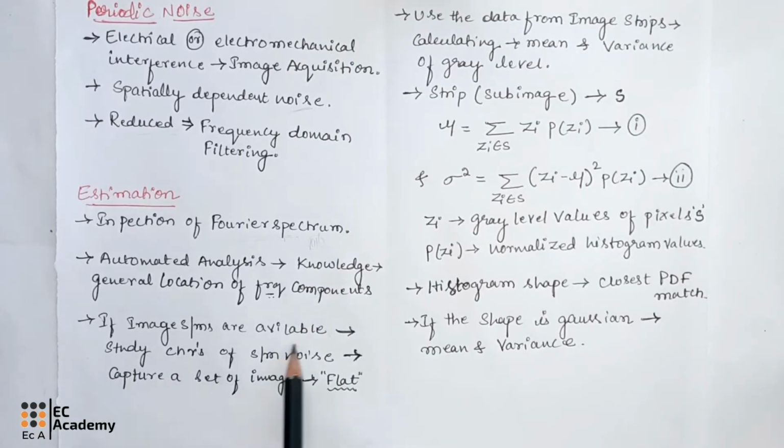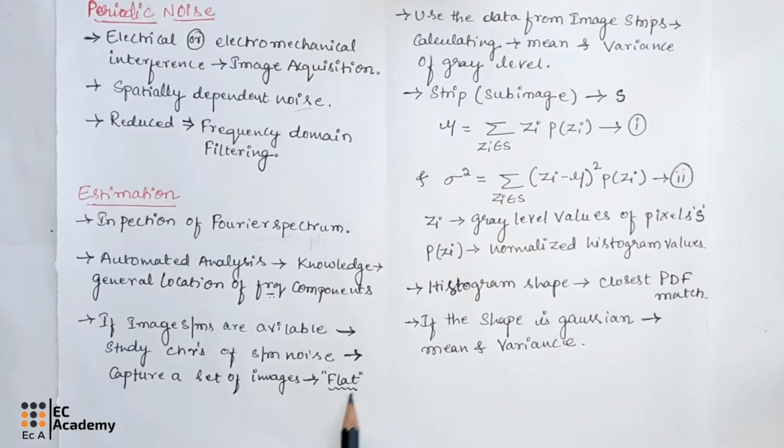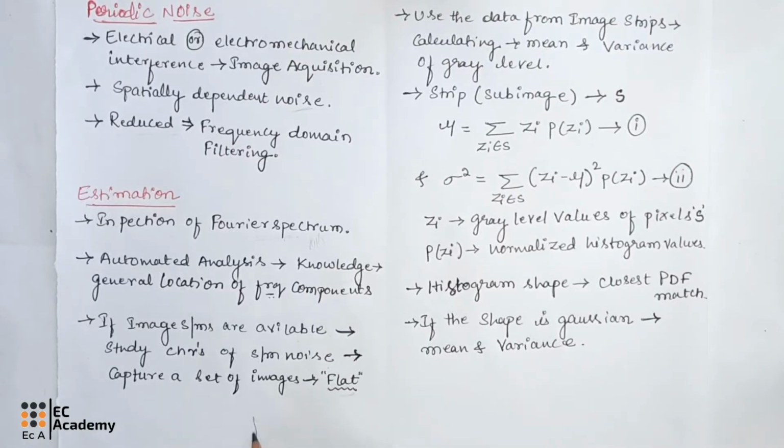If the imaging system is available, one of the simplest ways to study the characteristics of system noise is to capture a set of images of a flat environment. For example, in case of an optical sensor, if we image a solid gray board that is illuminated uniformly, the resulting set of images is a good indicator of system noise.